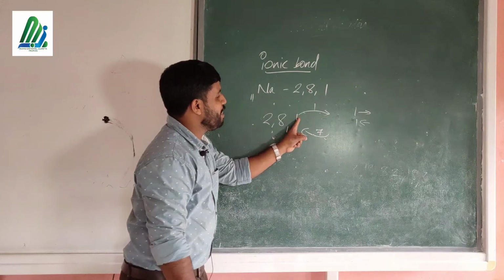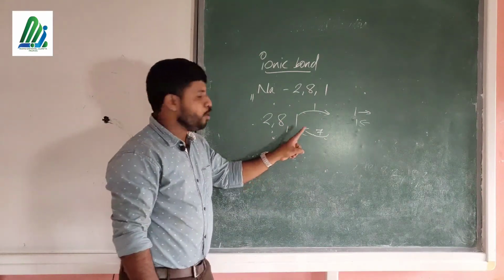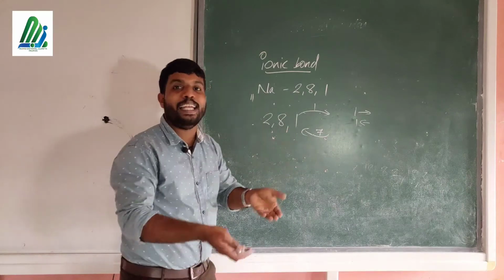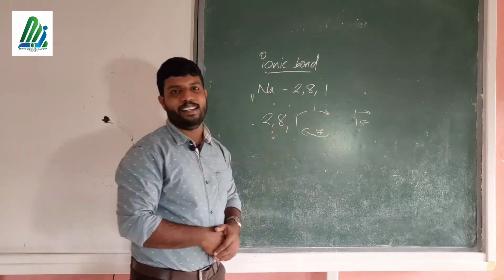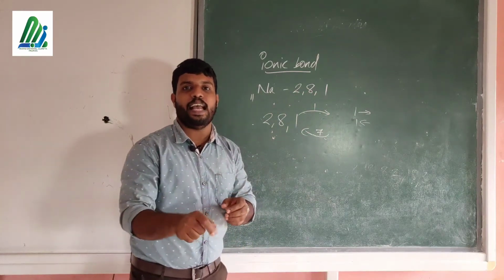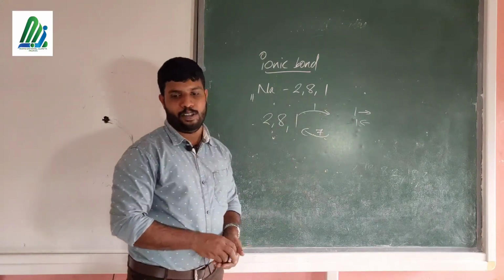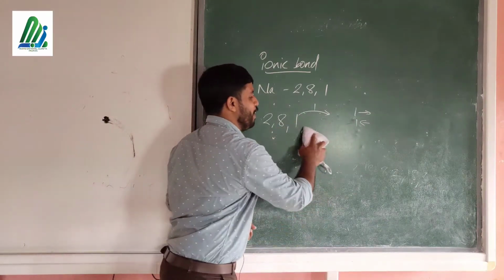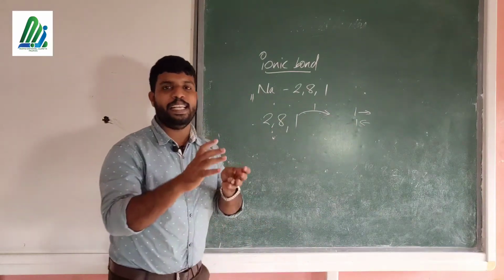Here, accepting 7 electrons needs more energy, and less energy is required to donate one electron. So it is easy to donate one electron. That's why sodium in this reaction will donate one electron to attain stability.